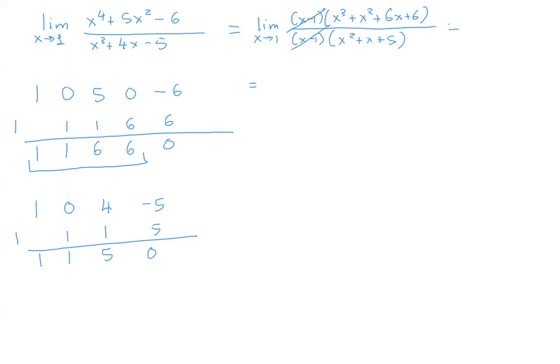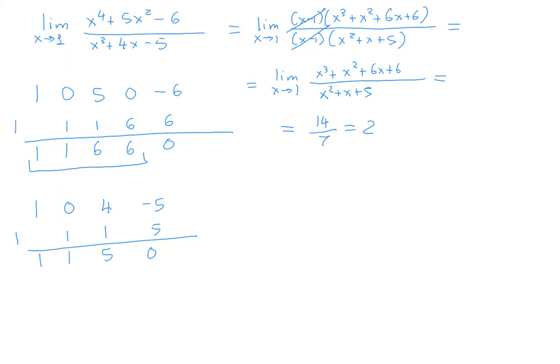And this gives us the limit as x tends to 1 of x cubed plus x squared plus 6x plus 6 over x squared plus x plus 5. Now it's plugging time. We drop the limit notation, and if you plug in, it's pretty straightforward to see that you get 14 on the top and you get 7 on the bottom, which gives you a very nice number 2 here. And that's it.